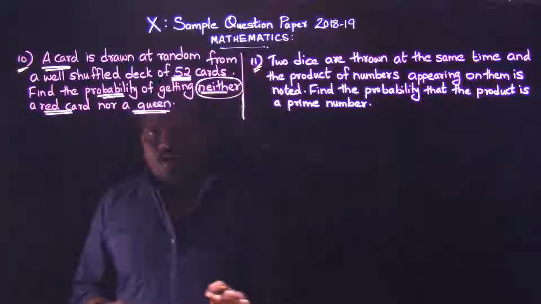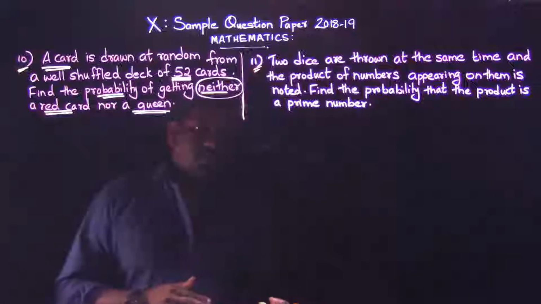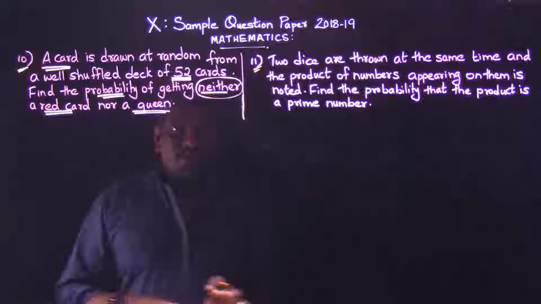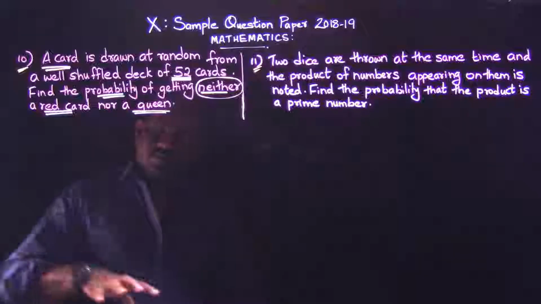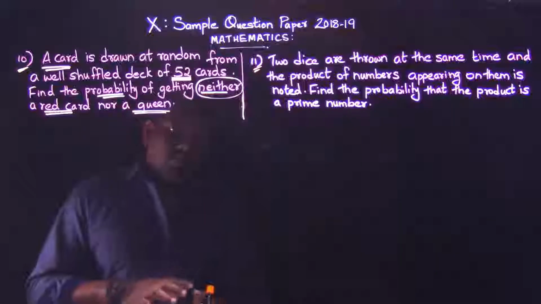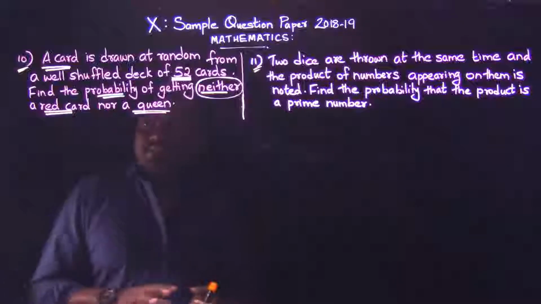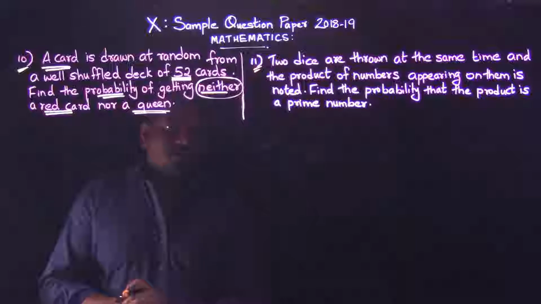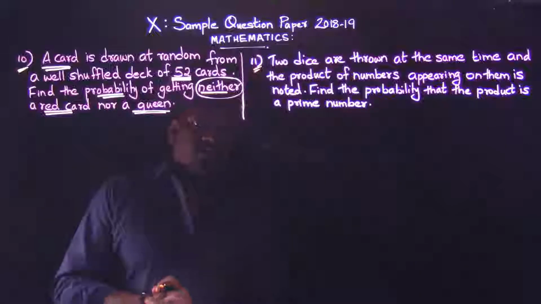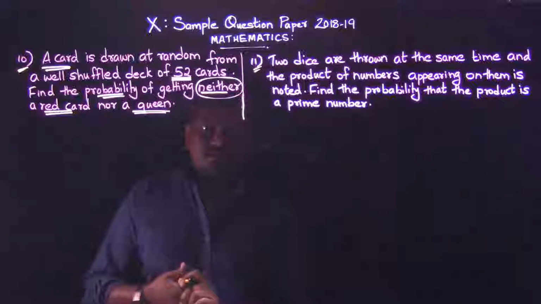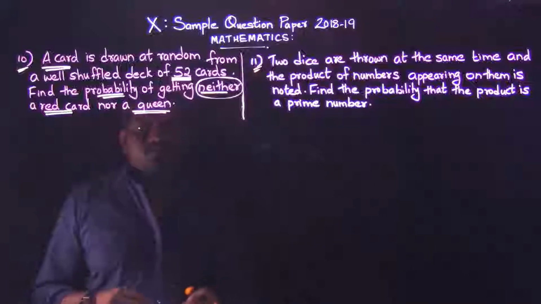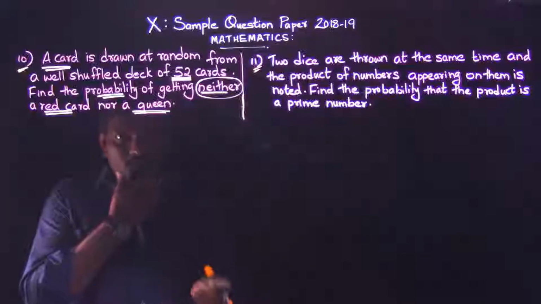If you find it very hard, I am going to make a section for probability, where in a very nice way I will explain the concept of probability. Probability is mostly asked based on cards, dice, balls, and coin tossing. These are the peculiar ones which are definitely asked in the board exam.